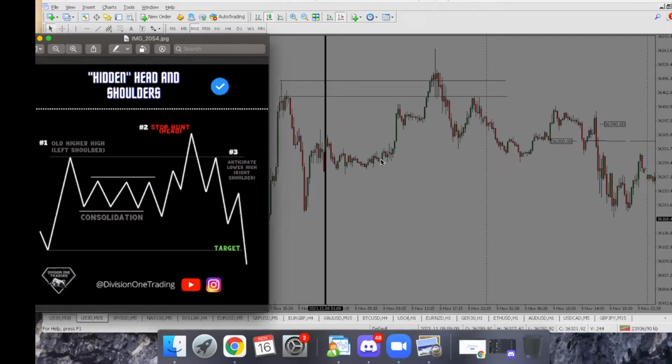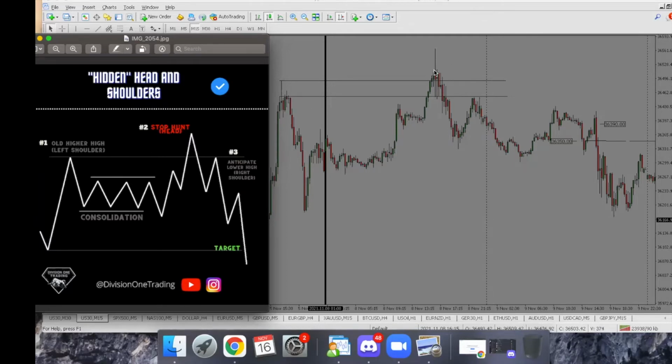So then price leaves that consolidation and goes above this level. That's the stop hunt, right? Then inside of that, we have this other smaller head and shoulders. And this level here is what we're looking at, right? The left shoulder, we're looking at this zone.